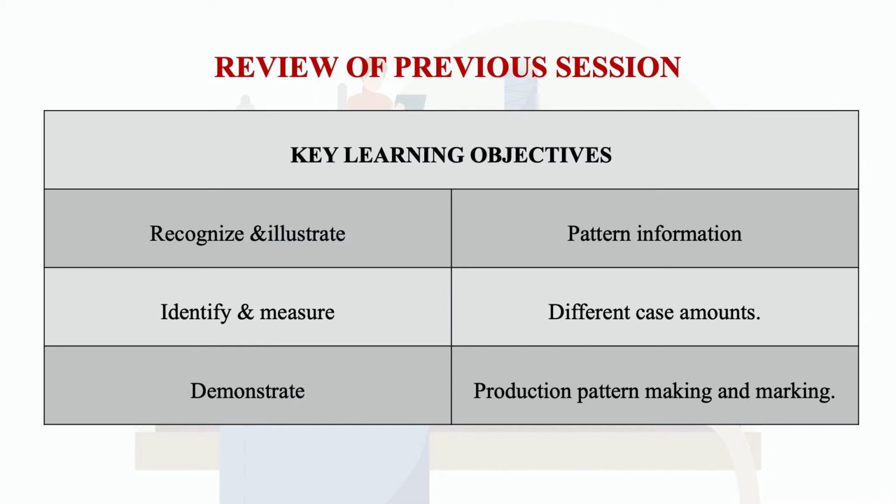Then you can identify and measure different ease amounts, what type of ease is given on a particular pattern. Then you can demonstrate production pattern marking and different marking symbols: what a production pattern is, how we develop it, and what different markings or symbols are made on a particular pattern.